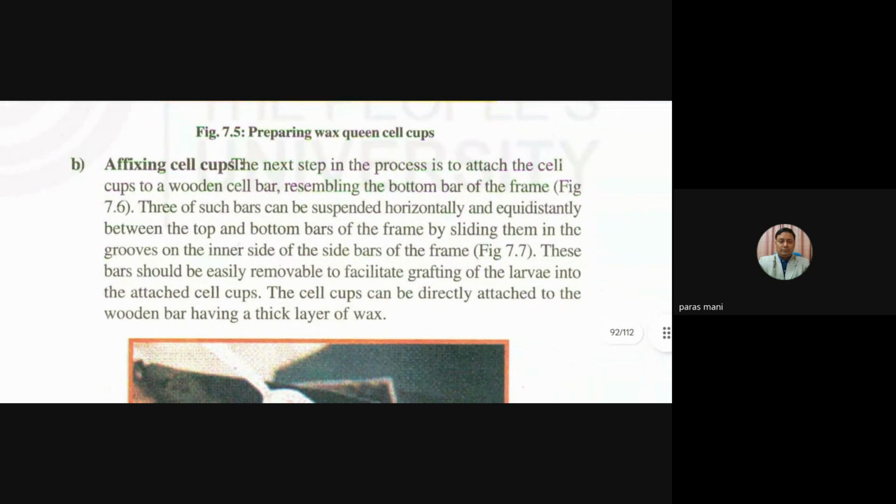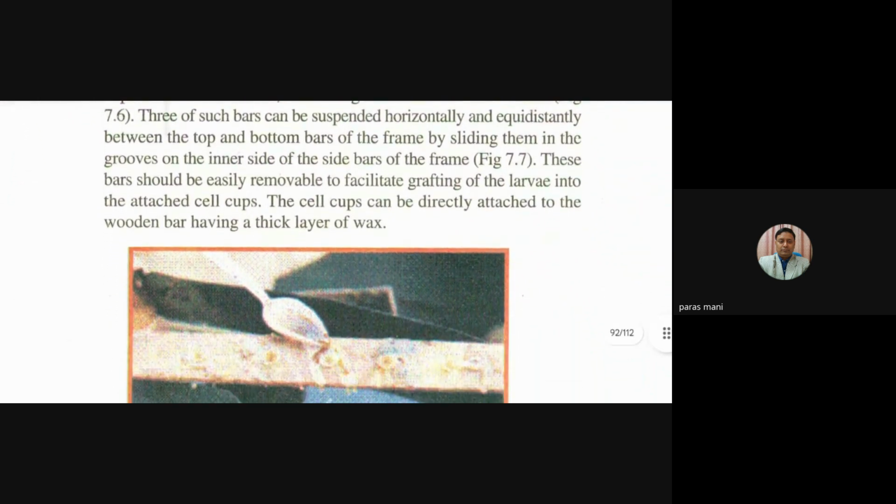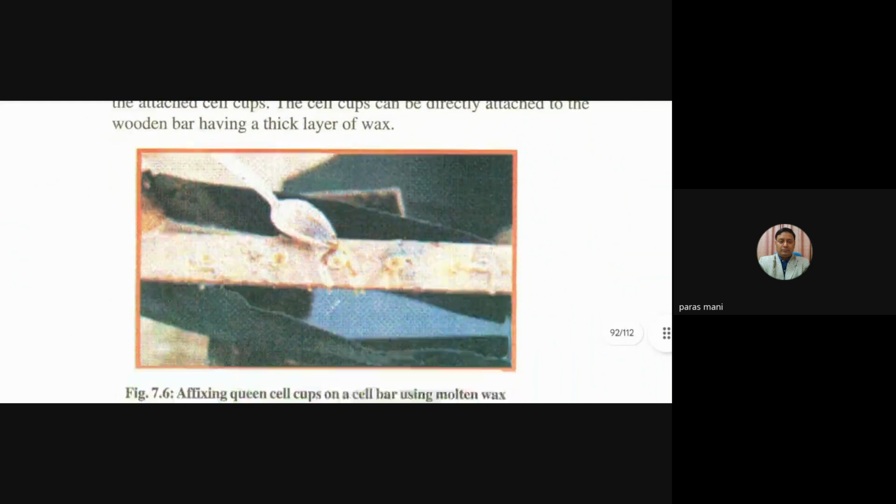The next step is affixing the cell cups. These cups will be fixed to the frame. You can see this frame, or else wooden pieces may also be used. A cuboid wooden piece of say 1 inch by 1 inch, or 2 centimeters by 2 centimeters, may be used, and that can be fixed to the regular wooden frames using the same wax.